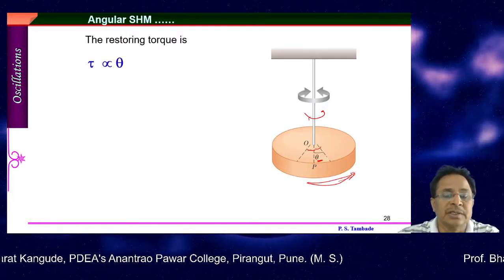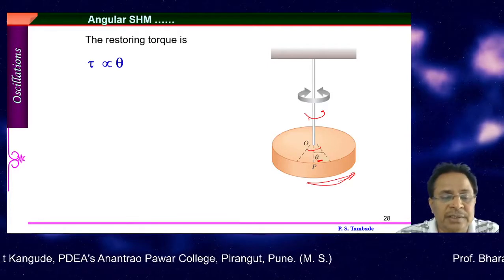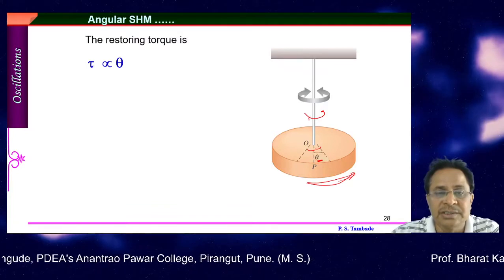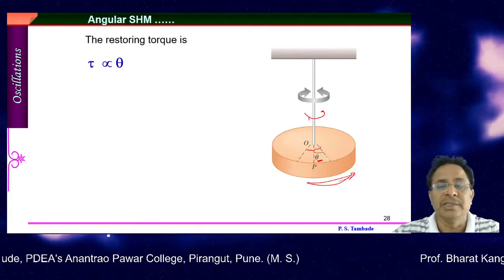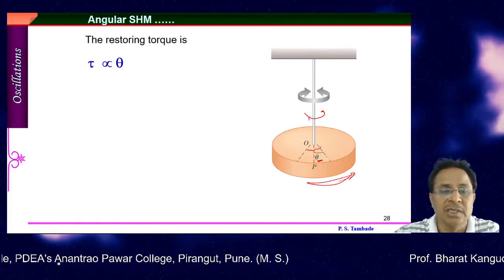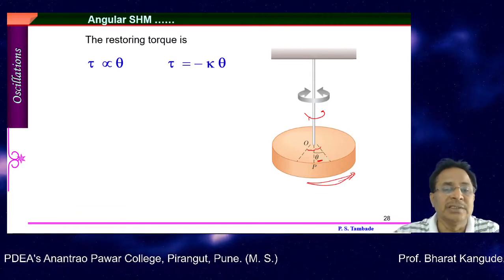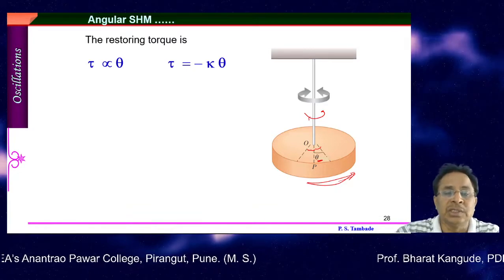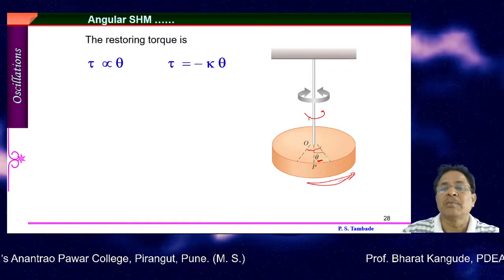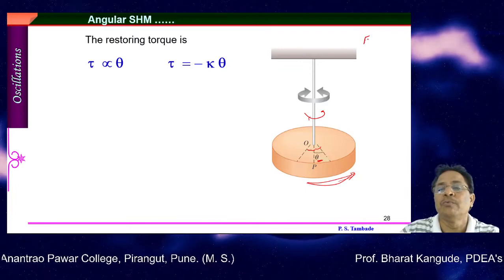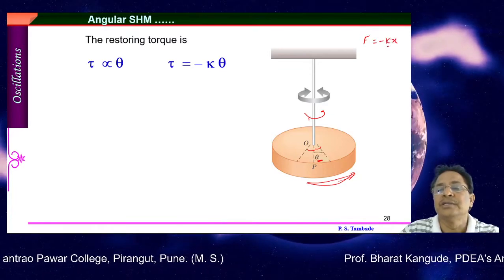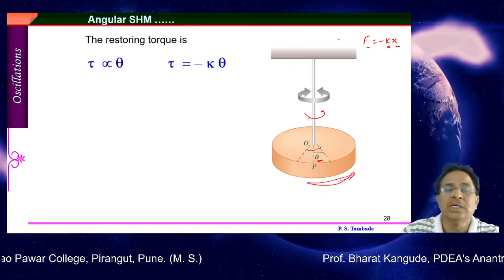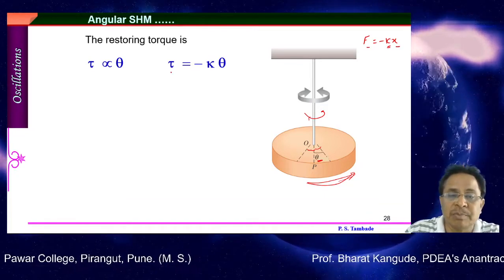Here the torque inside this wire is directly proportional to the theta displacement. Torque is the torque generated inside the connecting wire between the fixed support and the rotating disc. We can write this relationship as tau is equal to minus k into theta. In linear simple harmonic motion we had written F is equal to minus kx, where k was the force constant, x is the linear displacement, and F is the force. Here in this case a similar relation holds, now replaced by tau.